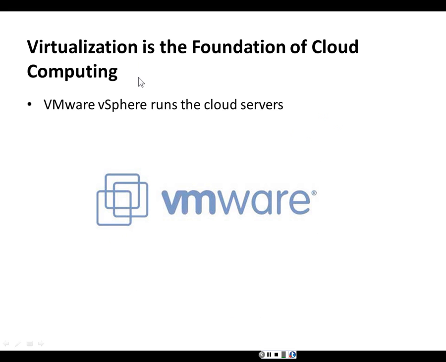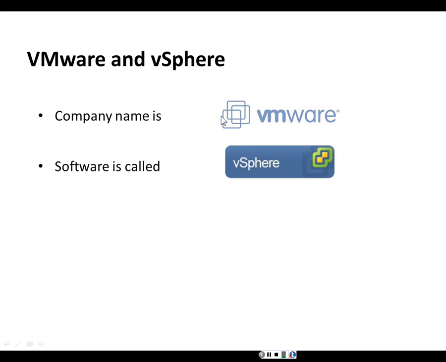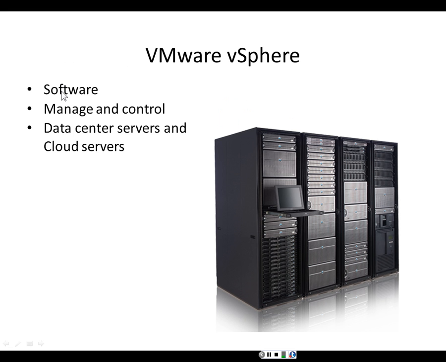Virtualization is the foundation of computing, and VMware vSphere runs the cloud servers and the data center servers. The name of the company is VMware, and the software is called vSphere. VMware vSphere is the software used to manage and control large data center servers and cloud servers. It's a lot like Windows 7.